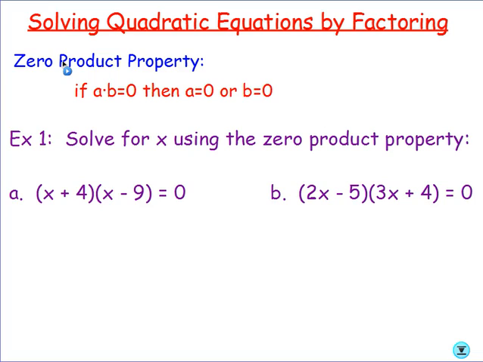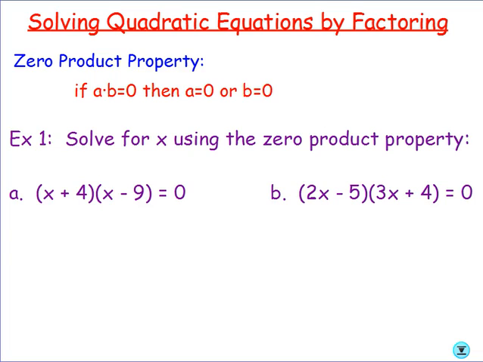If you take a look here at example 1, these problems are already factored for you. This is where we would have stopped on the factoring lessons. All we're going to do is finish the problems. This is really the only new stuff this lesson. Once you get it to the parentheses, we all should know by now the parentheses mean multiplication.